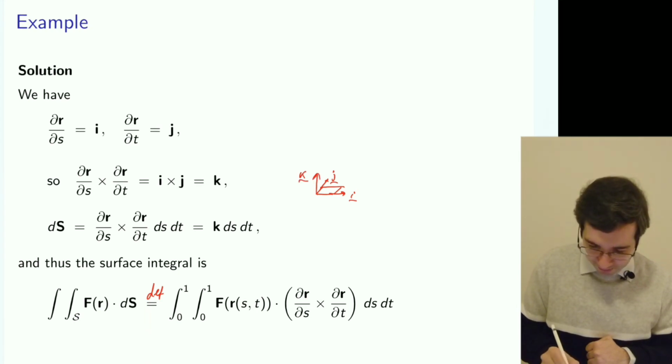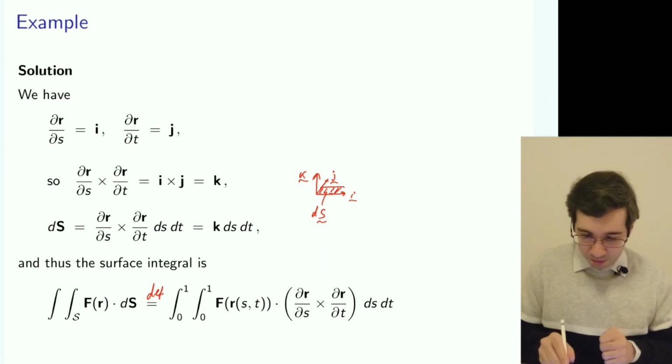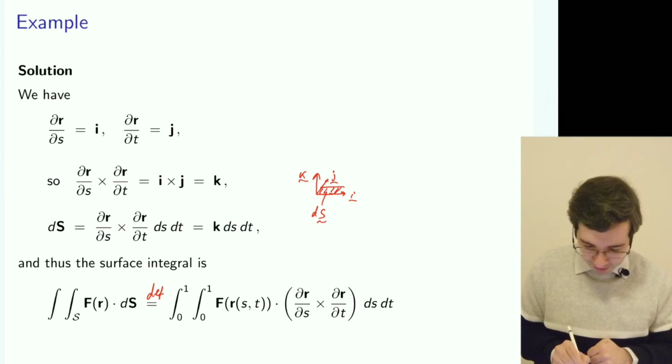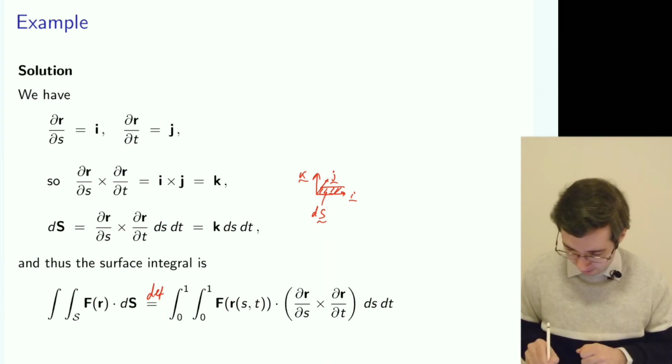And we use by definition, so that was our little element, with the orientation. So all that remains for us to do is to substitute something inside the vector field.